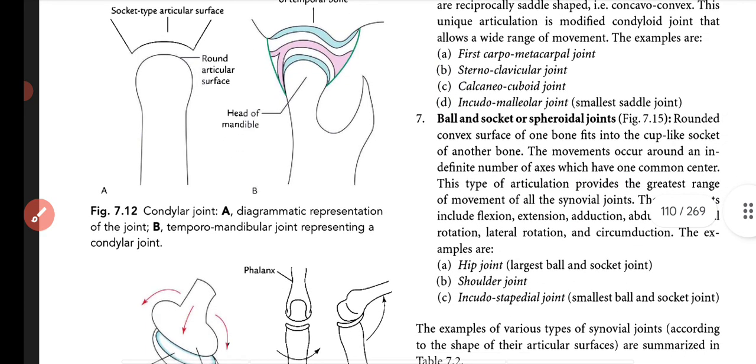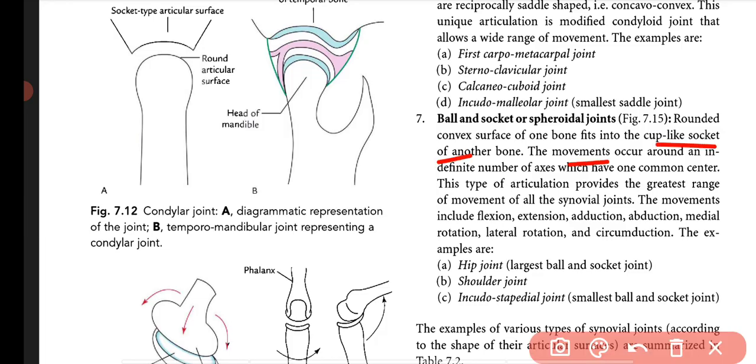And last is the ball and socket joint, or spheroidal joint. The rounded convex surface of one bone fits into the cup-like socket of another bone. The movement occurs around a number of axes. This type of articulation provides the greatest range of movements in all directions among synovial joints, such as hip joint and shoulder joint.